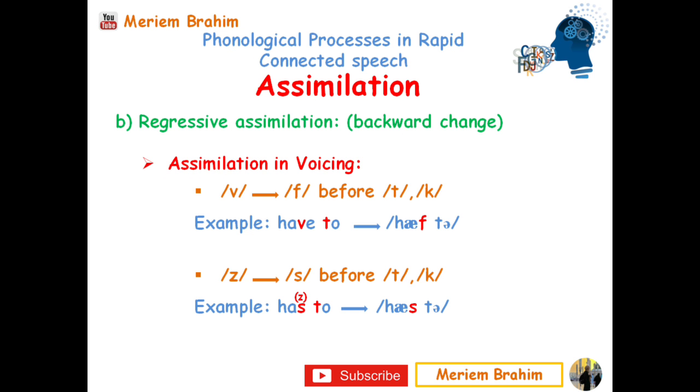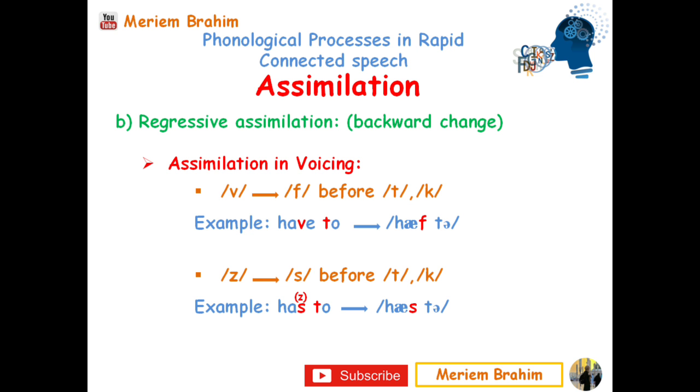So, the first case, v becomes f before t or k. Example, have to, have to. It becomes have to, have to. So we notice that we have two consonants, the v and the t.